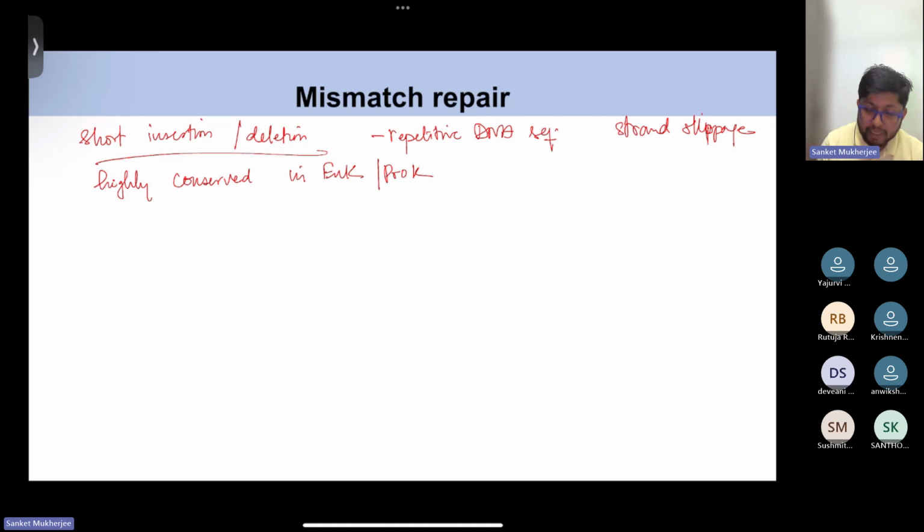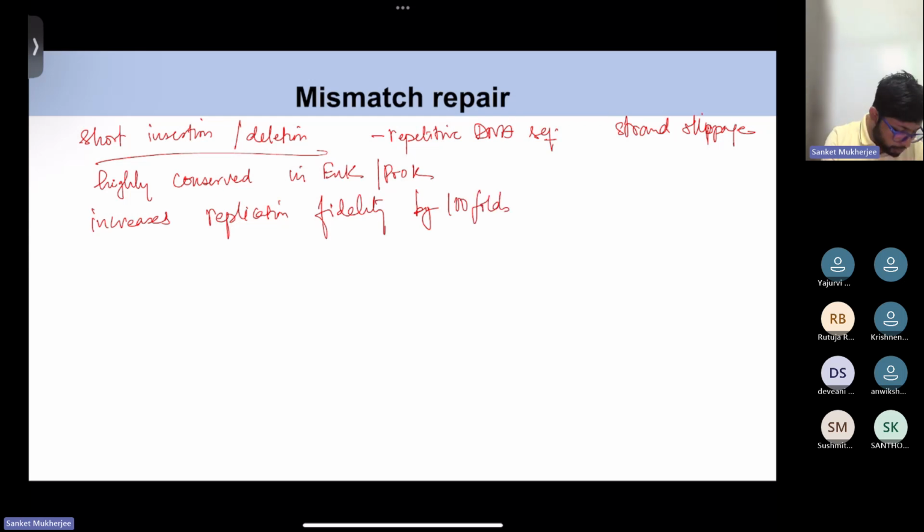And mismatch repair increases the replication fidelity by 100 folds.